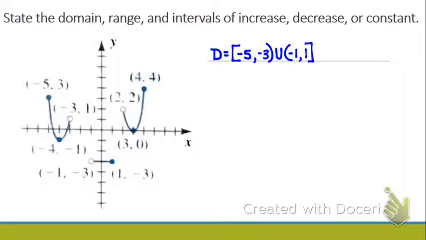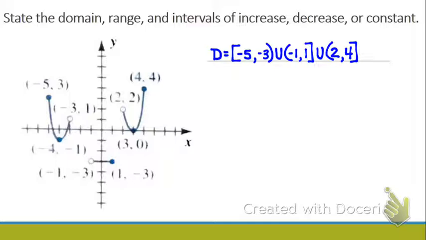With a union, yes. Where do I put my pencil down again at? At 2. Bracket or parenthesis? Parenthesis. And I can keep going until where? Until 4. Bracket or parenthesis? Bracket.